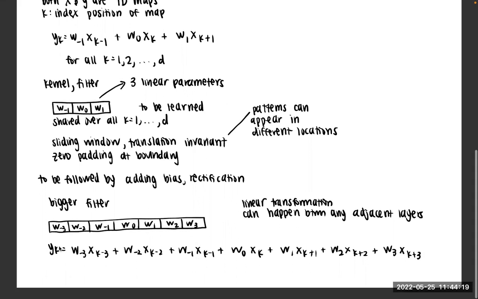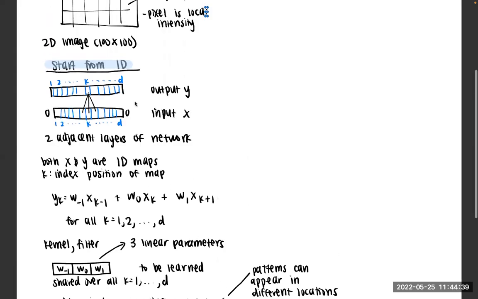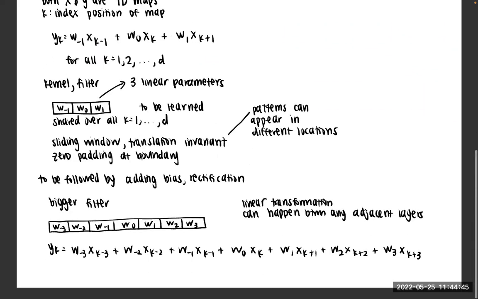And then if you look at the linear operation, yk is W negative 3 xk minus 3, plus W negative 2 xk minus 2, and so on, until W0 xk, until W3 xk plus 3. For that to be defined for all the k, we need to pad more zeros at the boundary, so that we can calculate this yk for all the k from 1 to d.